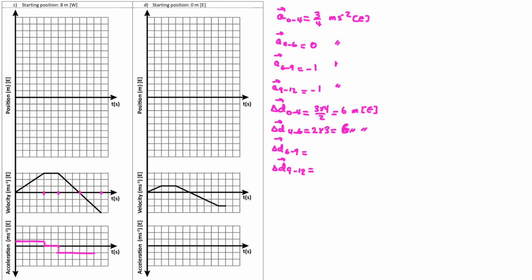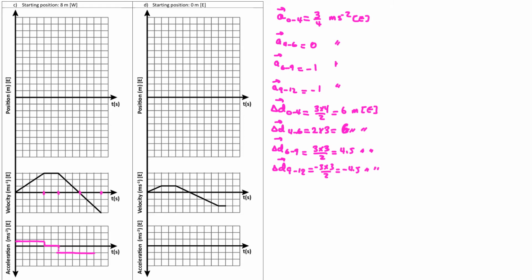It's positive height, positive base, 3 and 3 divided by 2, that's 4.5 meters per second. And finally, for the last one, we have a triangle which is in the negative direction, so negative 3 times 3 divided by 2, which is negative 4.5 meters per second. Meters, just meters, in the east direction.